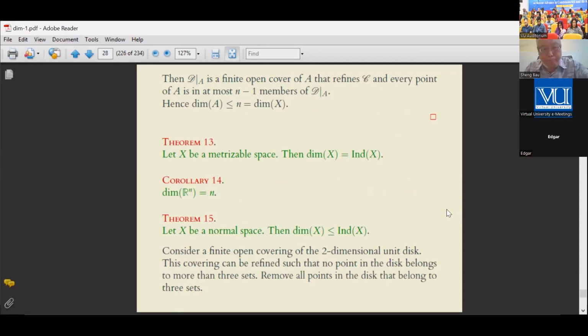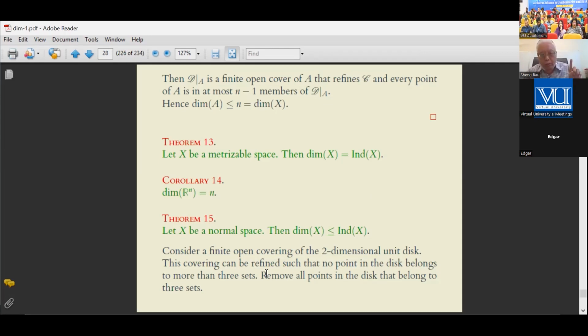Now, consider a finite open covering of, of course, this is compact, the closed unit disk in the Euclidean plane. And then this covering is defined such that no point in the disk belongs to more than 3 sets, because it has dimension 2, the Lebesgue dimension 2.